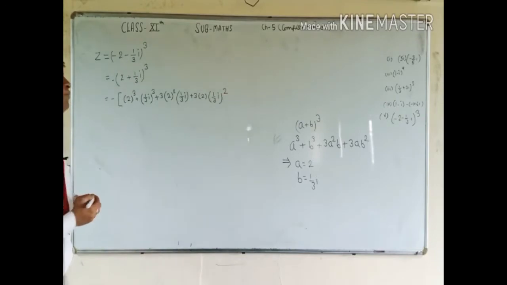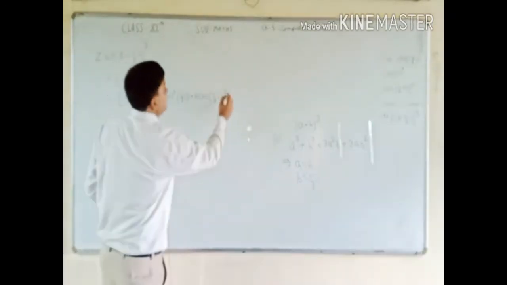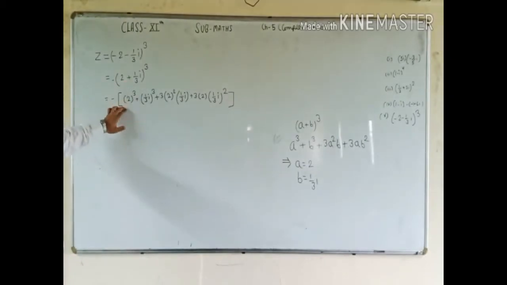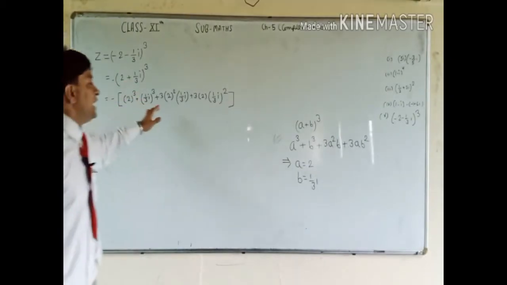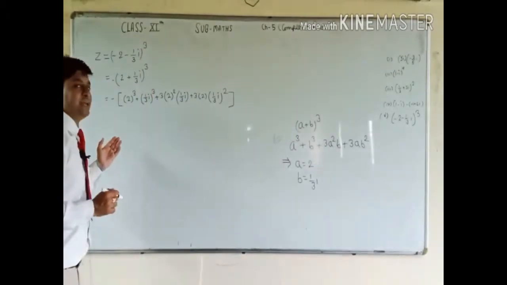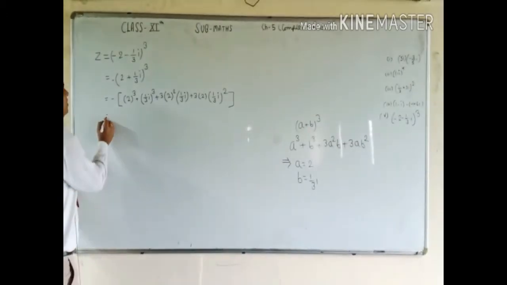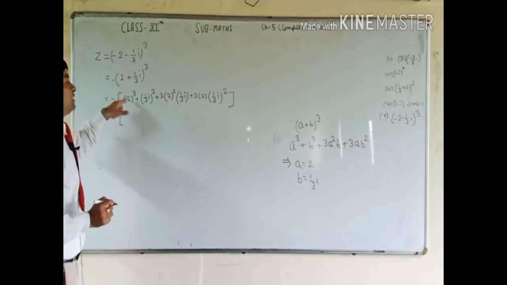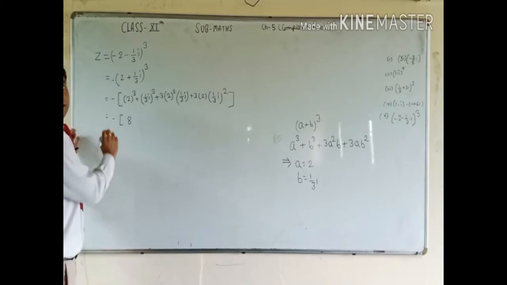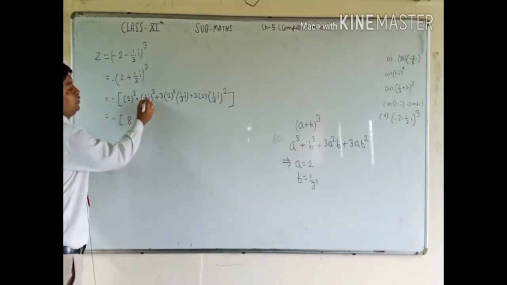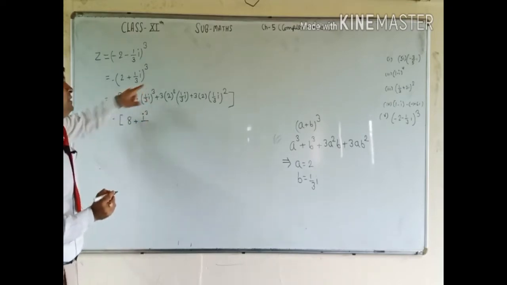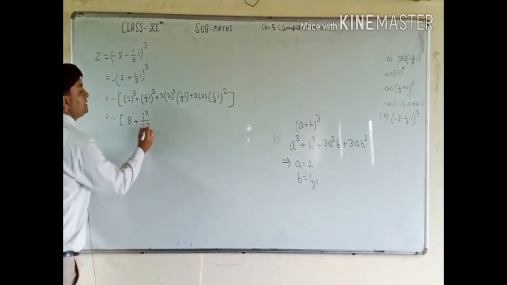So the formula is a plus b whole cube is a cube plus b cube plus 3a square b plus 3ab square. Now we can solve this. 2 power 3 is equal to 8, this is iota cube, 3 power 3 is 27.